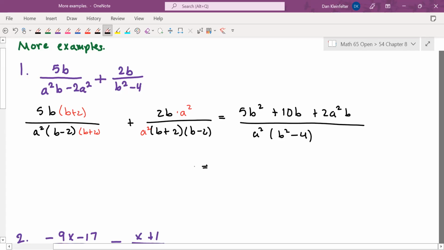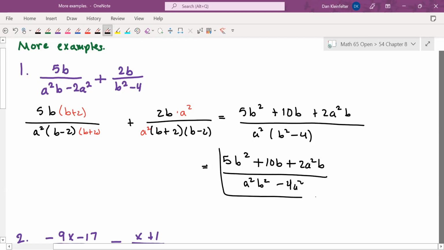I'll multiply the conjugate binomials together first because it just seems easiest. Okay, 5b squared plus 10b plus 2a squared b. And then down below, we'll have a squared b squared minus 4a squared.